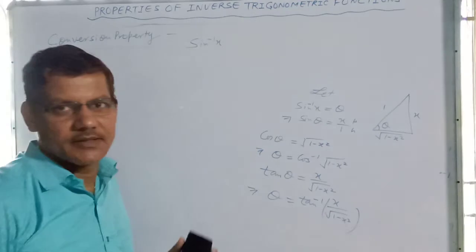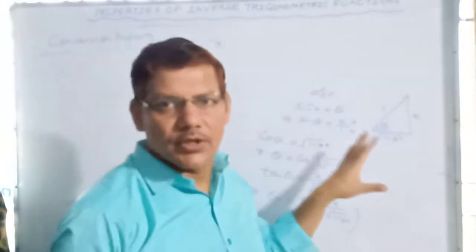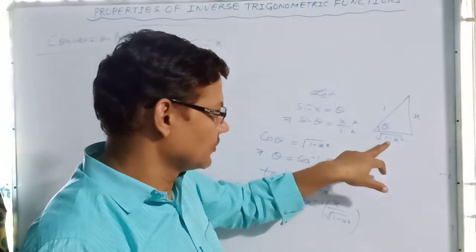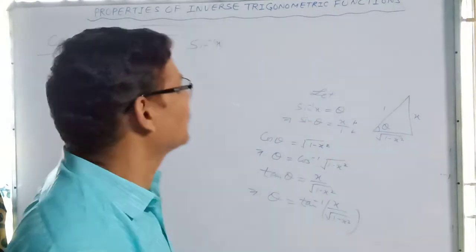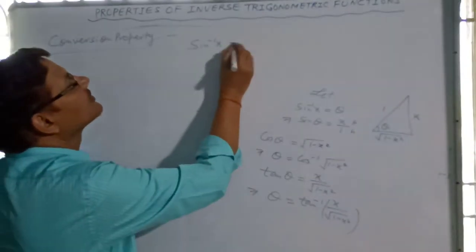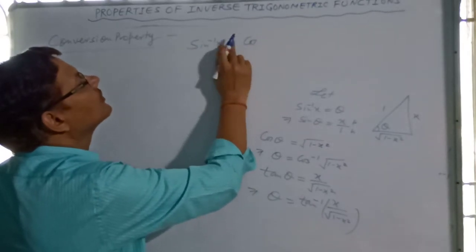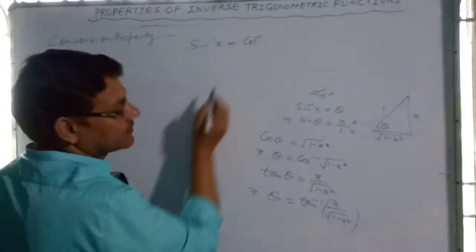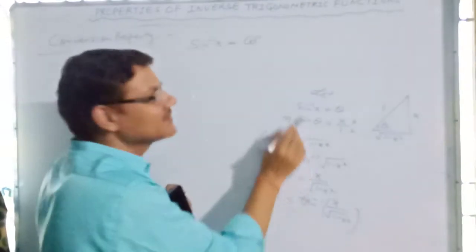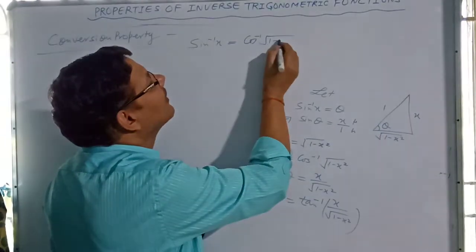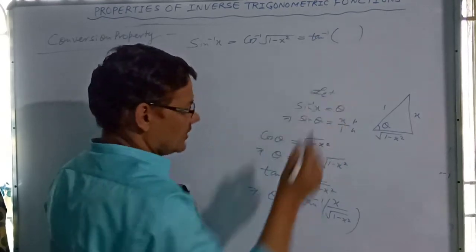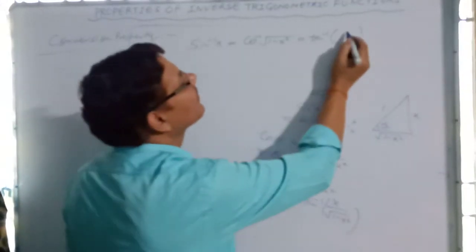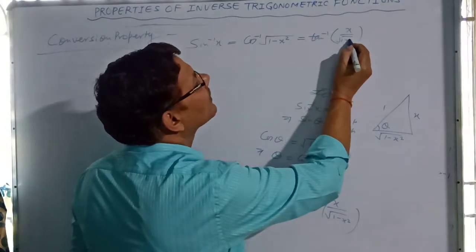It is your choice for a particular question, whether you use the triangle rule or directly use this conversion property. So here I write sin inverse x is equal to cos inverse of root over 1 minus x square. It is equal to tan inverse of x by root over 1 minus x square.